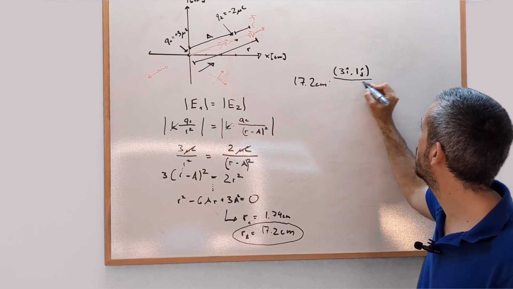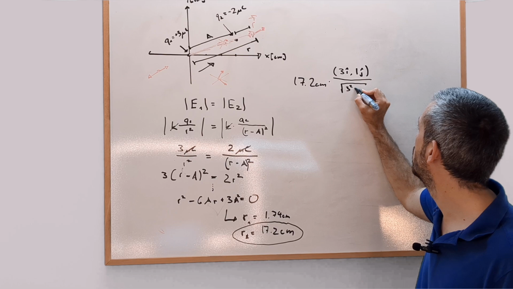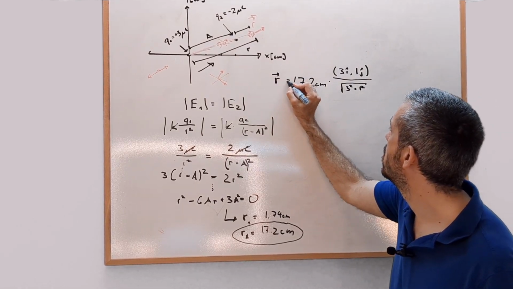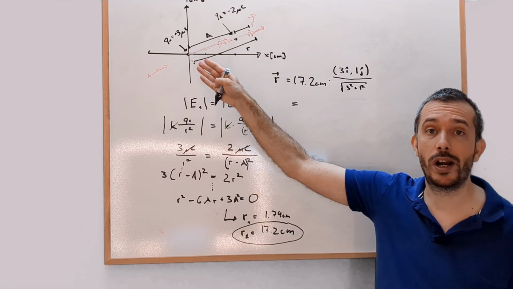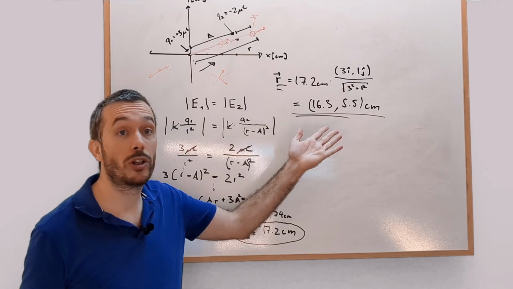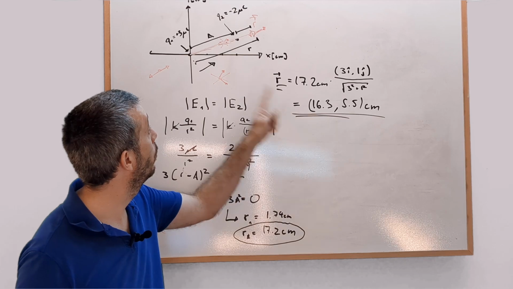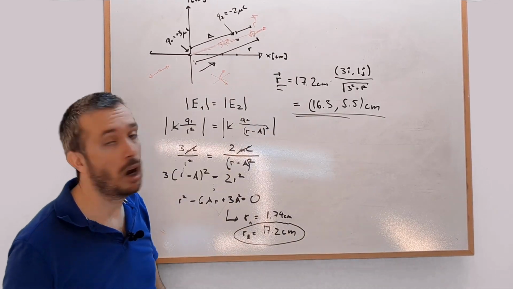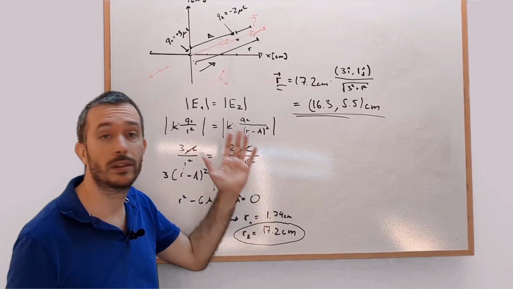And we divide this vector by its own length. And this will give us the position from the origin where the total electric field will be 0. When I punch the numbers in my calculator, this is what I get. 16.3 along the x-axis and 5.5 centimeters up is the location where the net electric field is 0.